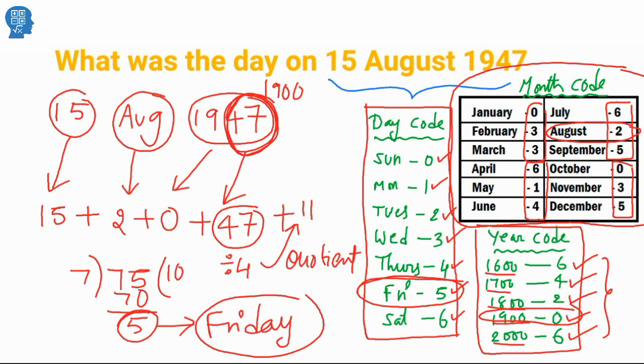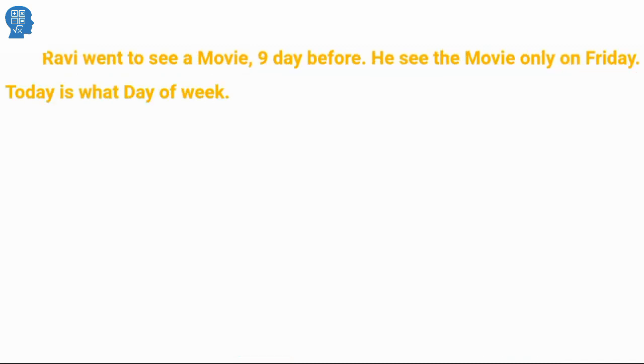Next we are going to see another problem. Ravi went to see a movie 9 days before. Note it, 9 days before. He sees the movie only on Friday. Today is what day of the week? Friday is given here, 9 days before.